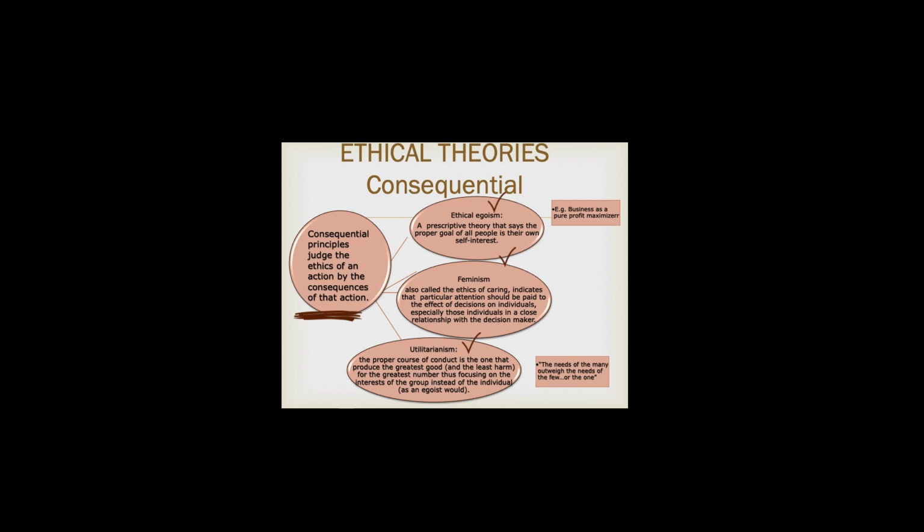We won't have time to really discuss this in detail, but again, get on the internet and take a look at it to see what it means, because the framework of who the group is makes a big difference on how the analysis occurs. You'll see in the rectangle on the right, the needs of the many outweigh the needs of the few or the one.